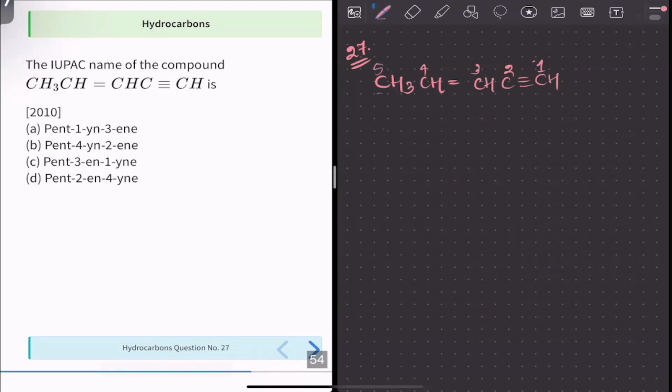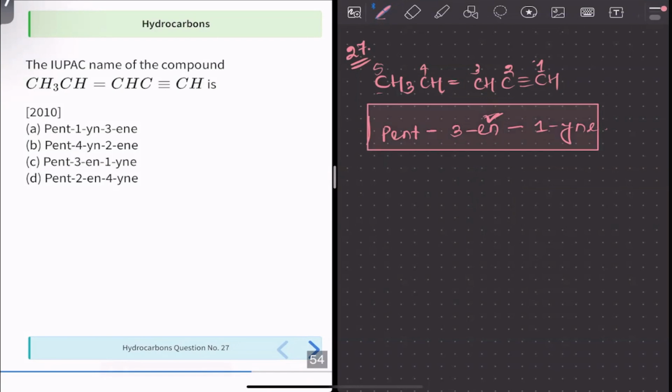Pent, 3-en, then yne. And there will be en only, not ene, because it is in the middle. So the final name is pent-3-en-1-yne.